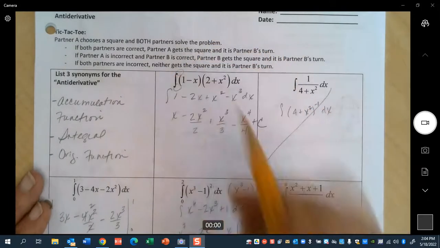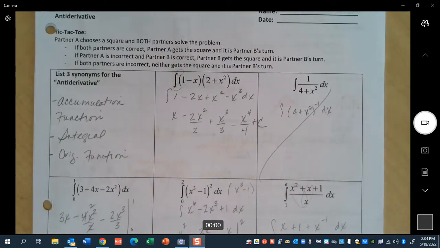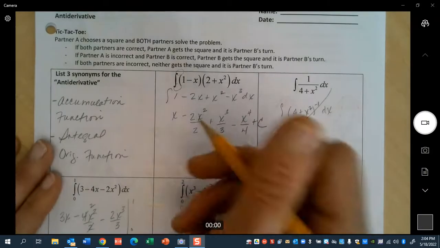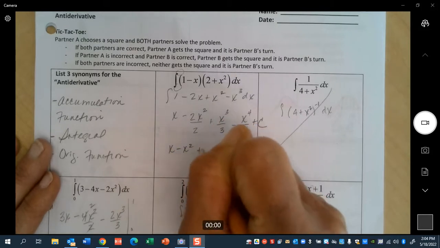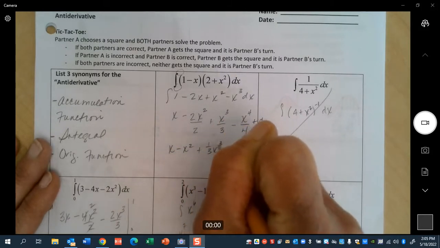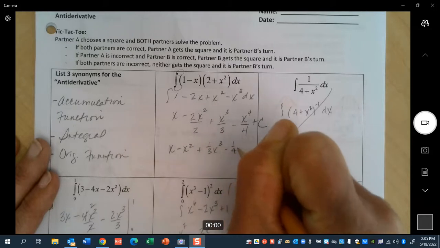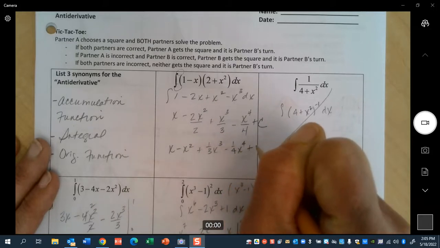Your plus c is what you have when it's an indefinite integral. And then, of course, whatever you can simplify: x minus x squared plus 1/3 x cubed minus 1/4 x to the 4th plus c.